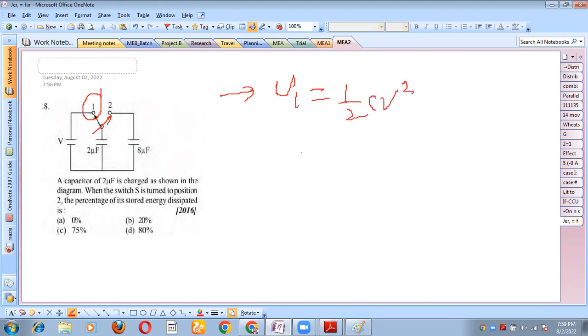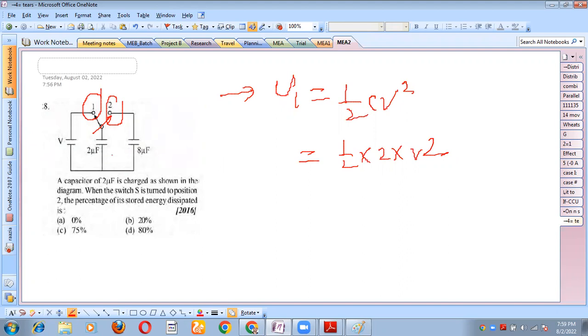Capacitance is 2 microfarad and potential is V. If it is shifted to this position, what will happen? It is fully charged. So first we have to see the charge.